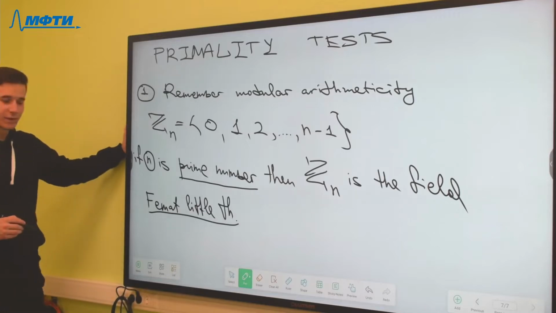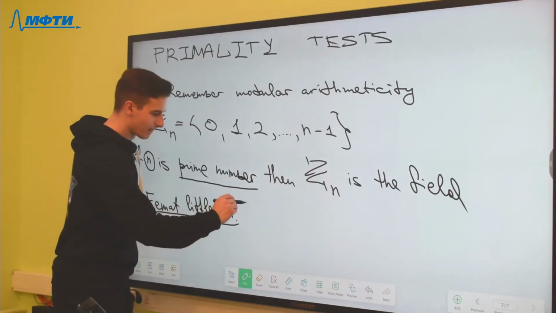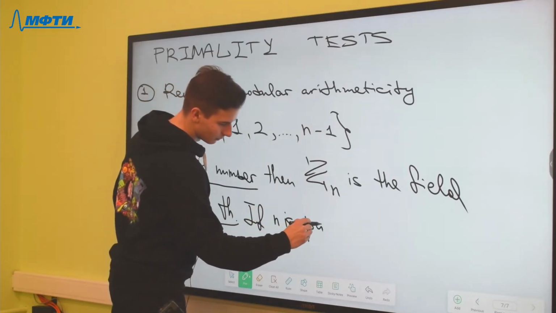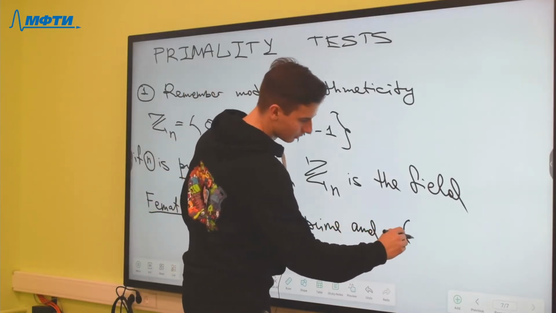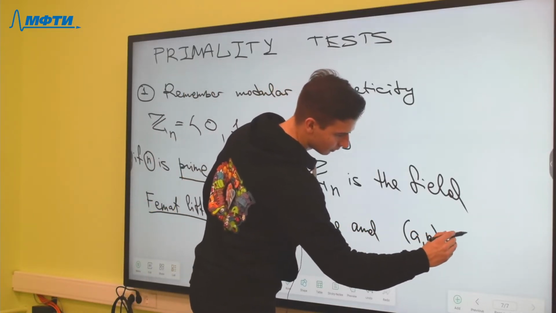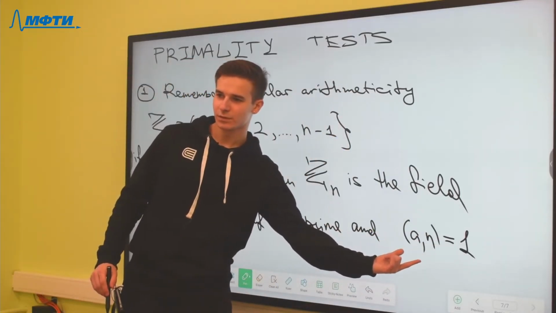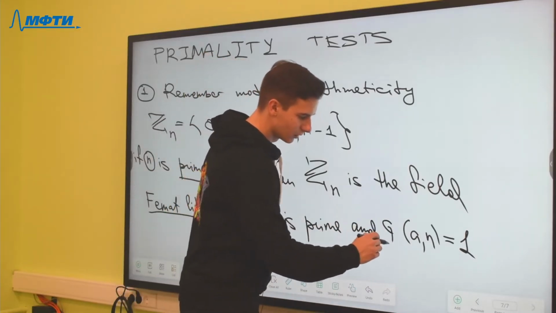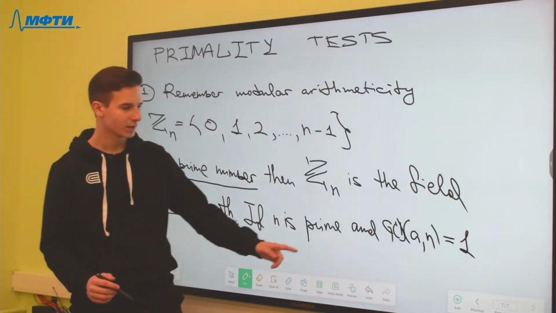What is the Fermat-Little theorem? If n is prime and a is such that, do you remember what this parenthesis equal? It is greatest common divisor of two numbers a and n.